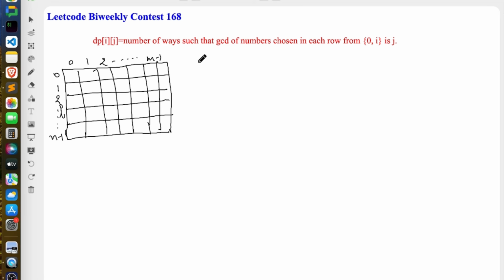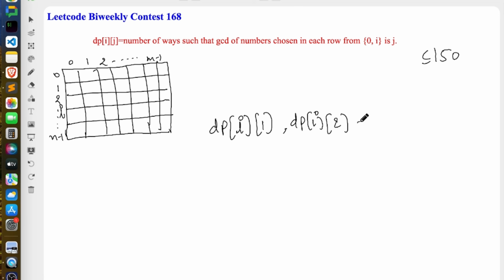We know that your numbers are only up to 150. So we will find DP of the ith row, 1. Similarly we will calculate DP of i, 2, and so on, up to DP of i, 150.